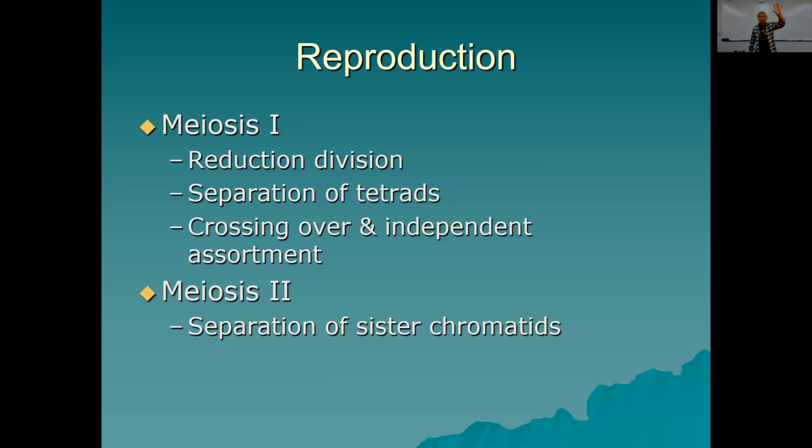The father's chromosome gets put to the left and the mother's chromosome to the right, or vice versa. It's completely random. It's called independent assortment. As a matter of fact, you can line up 23 pairs of chromosomes 8 million different ways in the middle of the cell in metaphase 1. In anaphase 1, these tetrads separate, and you already form haploid cells.